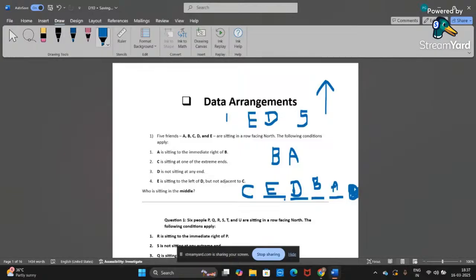So, what will be your answer? Who is sitting in the middle position? D. So for this question, D is the answer.